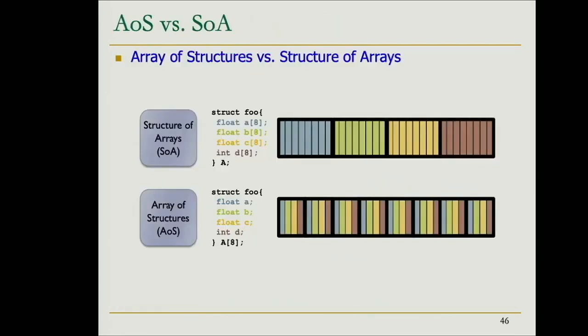Each of them has its individual cache. So if I have my thread reading this element, I will bring all this data to the cache, and next I will have hits in the cache when accessing the rest of the elements of the structure.